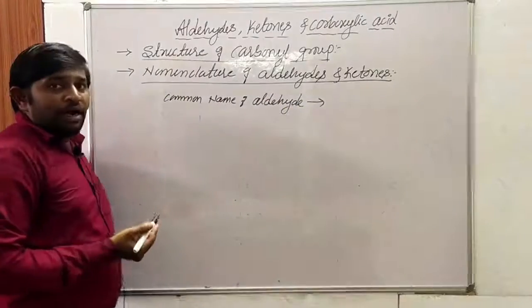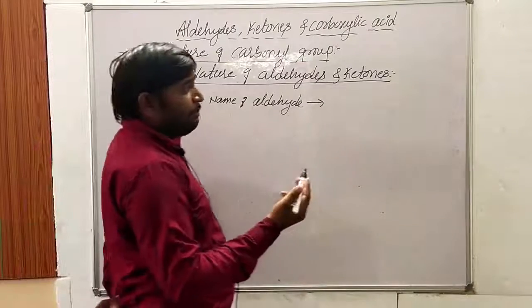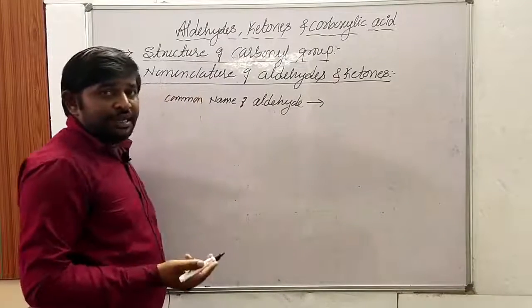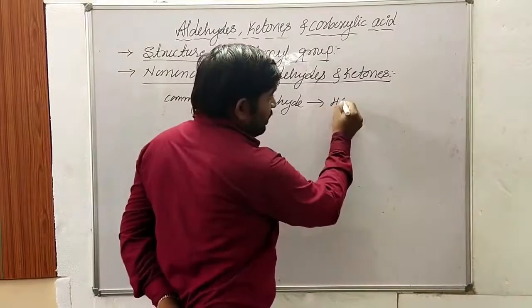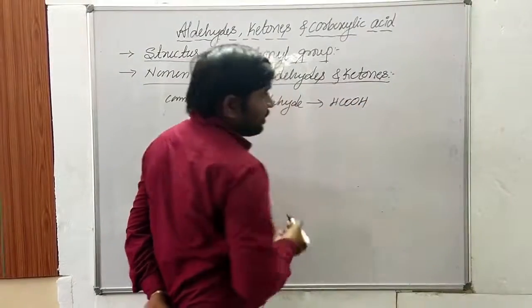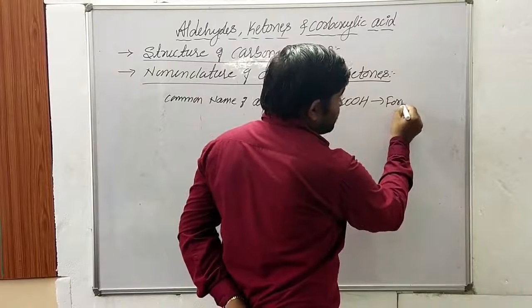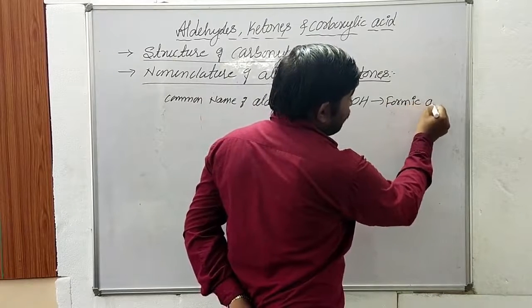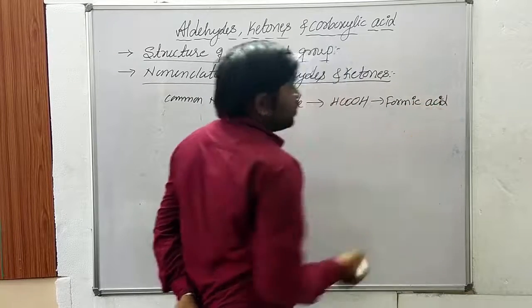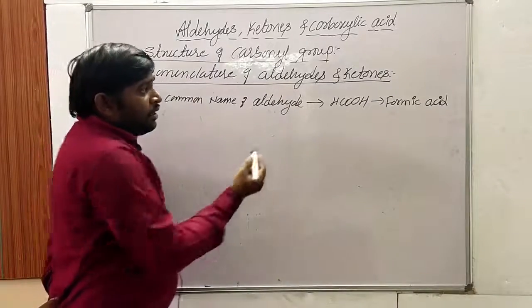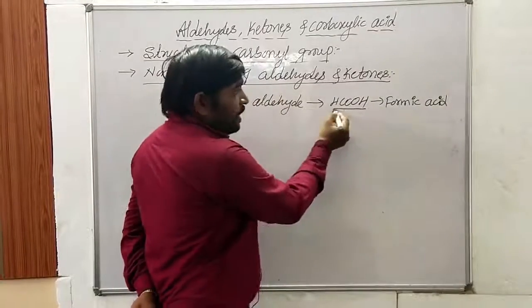Very easy, very simple. In the case of carboxylic acids, for example HCOOH, it is a carboxylic acid. The name of this molecule is formic acid.